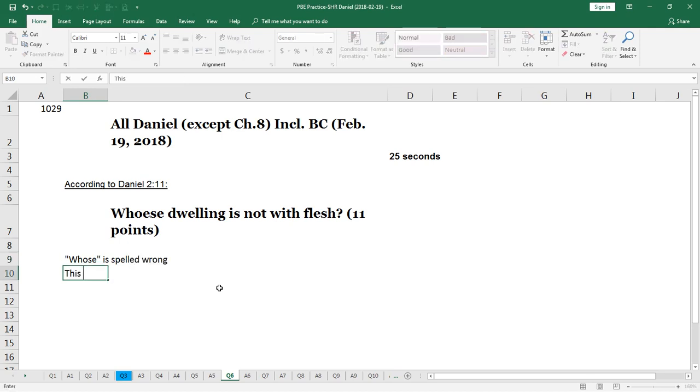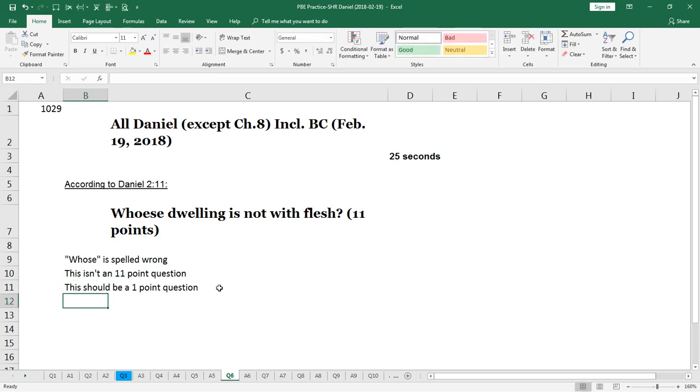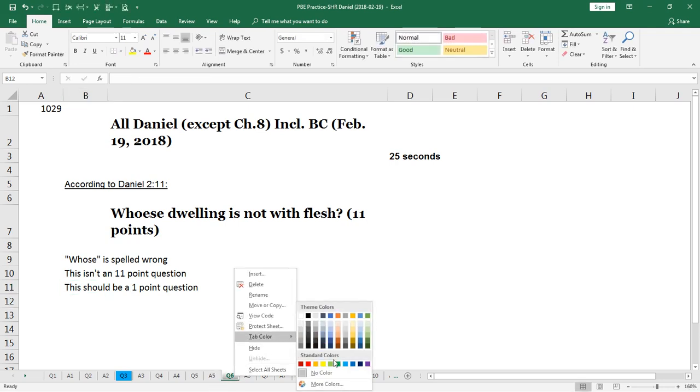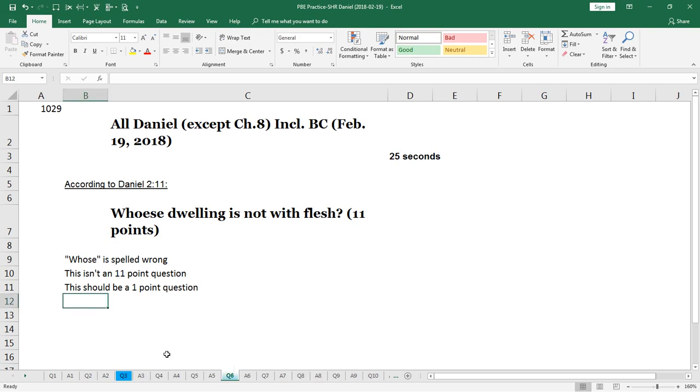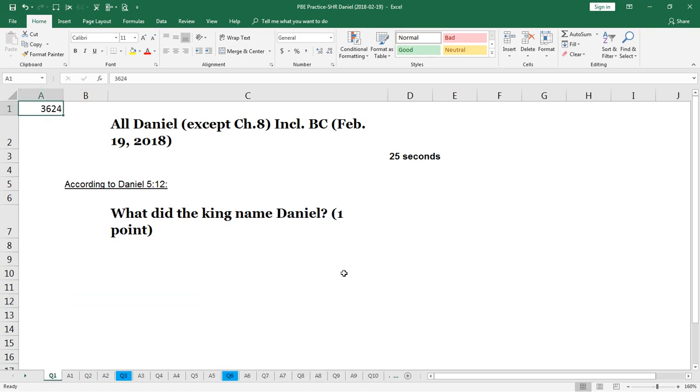This isn't an 11-point question. Or maybe you could say something like, this should be a 1-point question, because that makes sense. And color code it. I'm going to use my light blue. All right, so now I know that I've got two questions here that may have a problem.